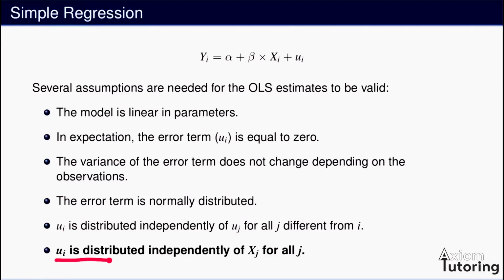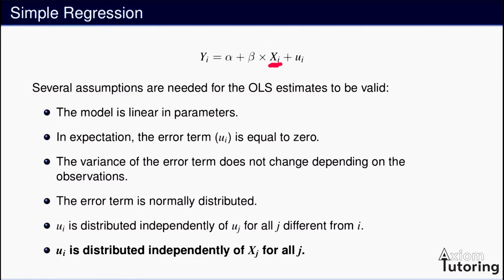But the most important assumption is the last one, that ui is distributed independently of xj for all j. What this means is that there cannot be a relationship between your error term and your regressor for you to be able to recover estimates that are basically good estimates.